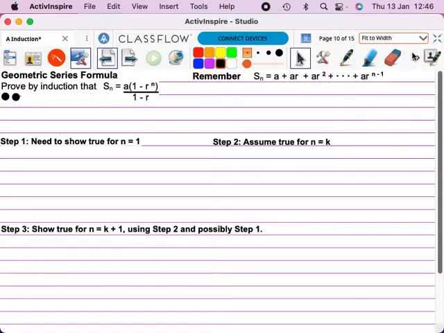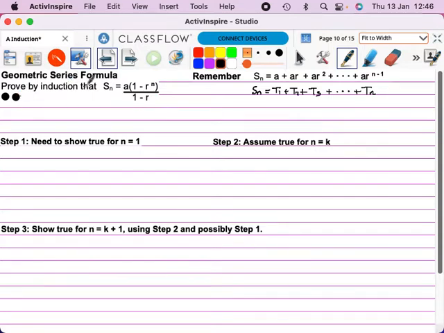So don't forget, whenever you see something like Sn, Sn is T1 plus T2 plus T3 plus ... plus Tn. So if you do not write that at the top, you will not be able to start the problem.